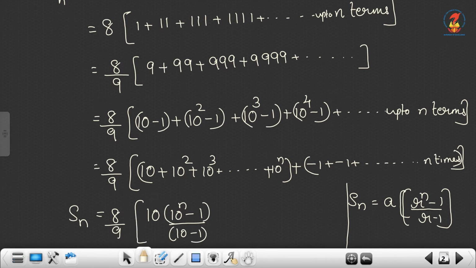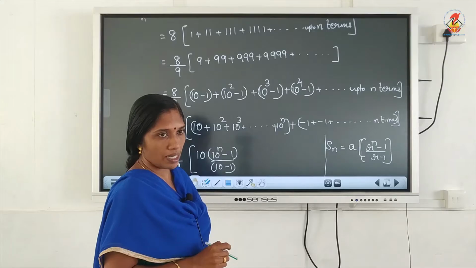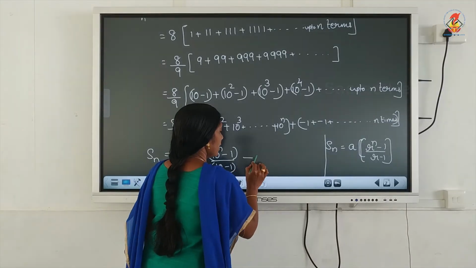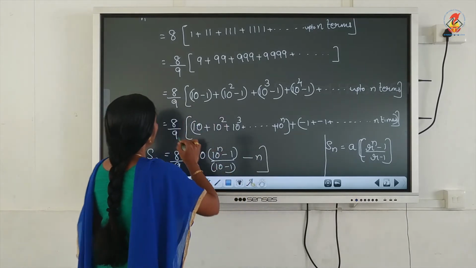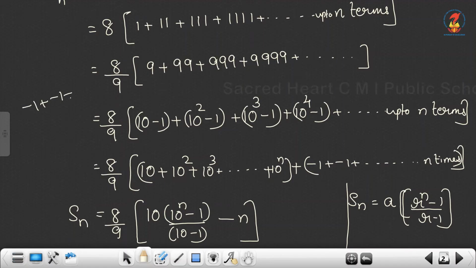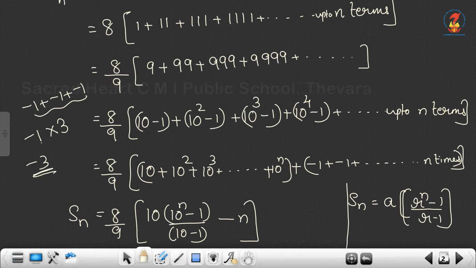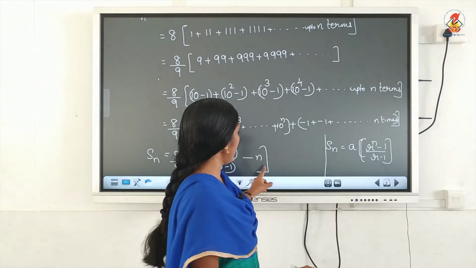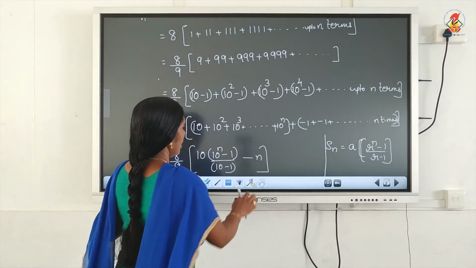Then the next is minus 1 plus etc. n times. So we can write as minus n, minus 1 plus minus 1 plus minus 1, minus 1 3 times, that is minus 1 into 3, minus 3. Like that, minus 1 n times means minus 1 into n, that is same as minus n.